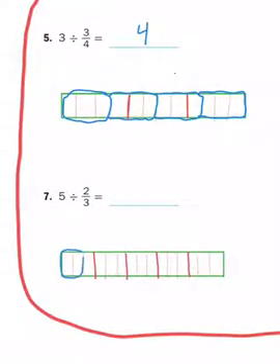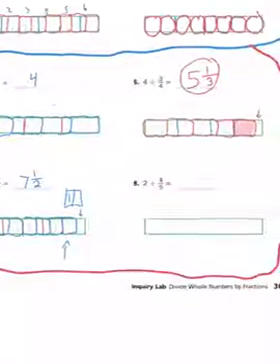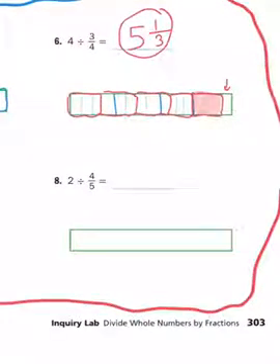Here's 1, 2, 3, 4, 5, 6, 7, and there's one little piece left, and it's going to be halves, 1/2. Because look at one of the whole pieces. One of the whole pieces looks like this. And if I have one of those, it's 1/2 of a whole. So that's 7.5.